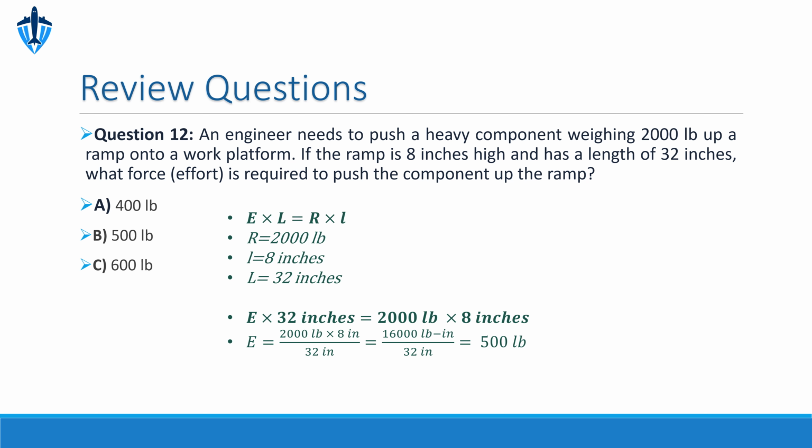Therefore, the force, effort, required to push the component up the ramp is 500 pounds. The correct answer is B. This calculation clearly illustrates the mechanical advantage gained by using an inclined plane, allowing a heavy object to be moved with a significantly smaller applied force over a longer distance.